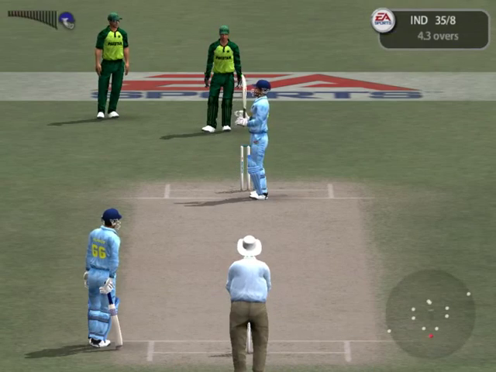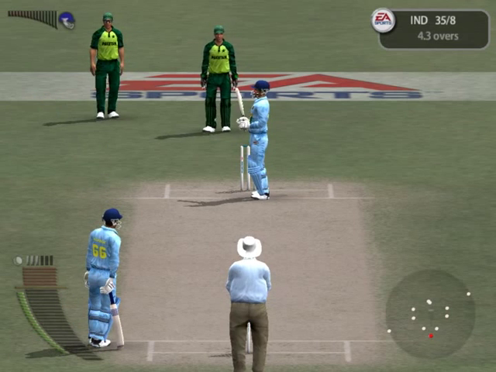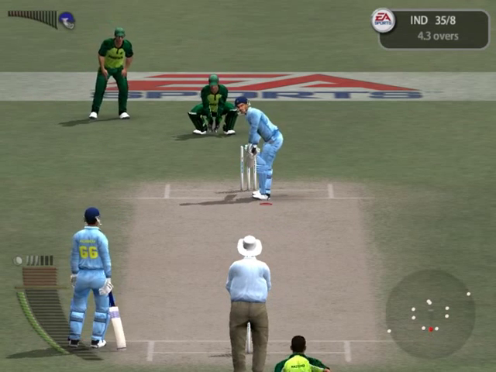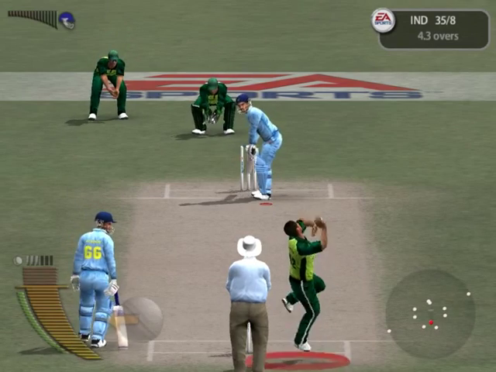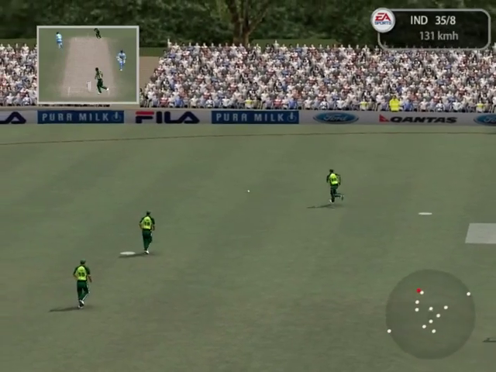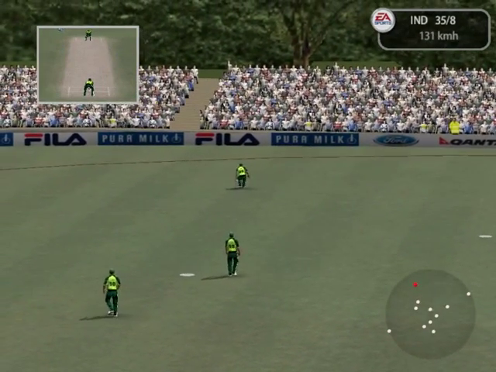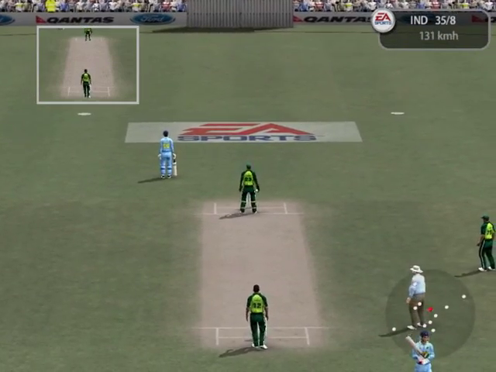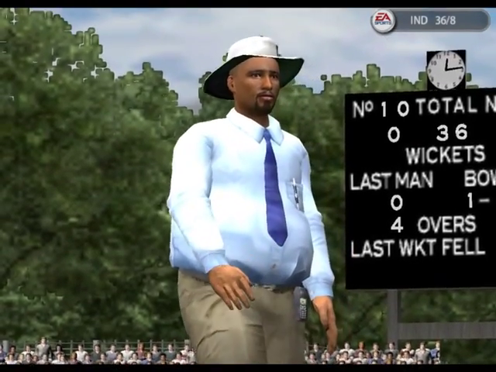Khan waiting at the striker's end. Mohammad Hafiz is chasing that one. Well, that's off the batsman's pads. Umpire's signalling that as leg byes.